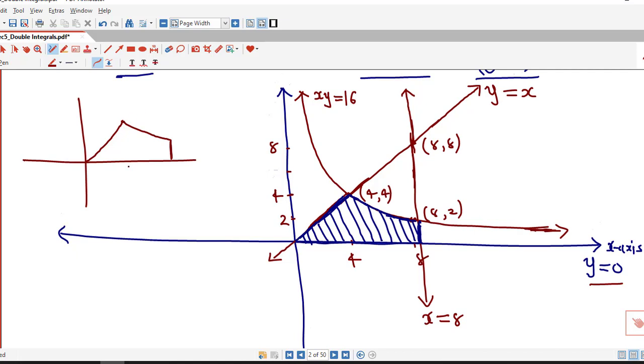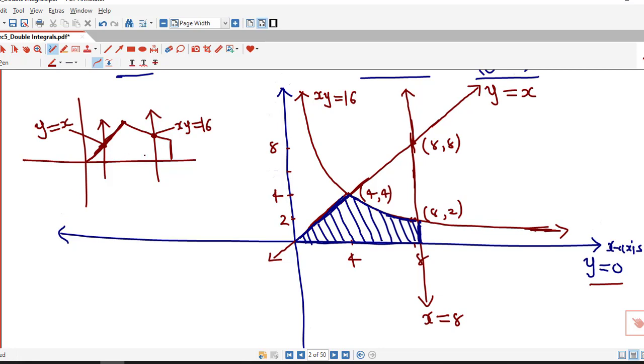If we consider a vertical line passing through the region in this part, then the vertical line will leave the region at this point which is on the line y equal to x, and if we consider a vertical line in this part of the region, then the vertical line will leave the region on the hyperbola, and here the vertical line will leave the region on the line y equal to x. So the points at which the line is leaving the region are not on the same curve.